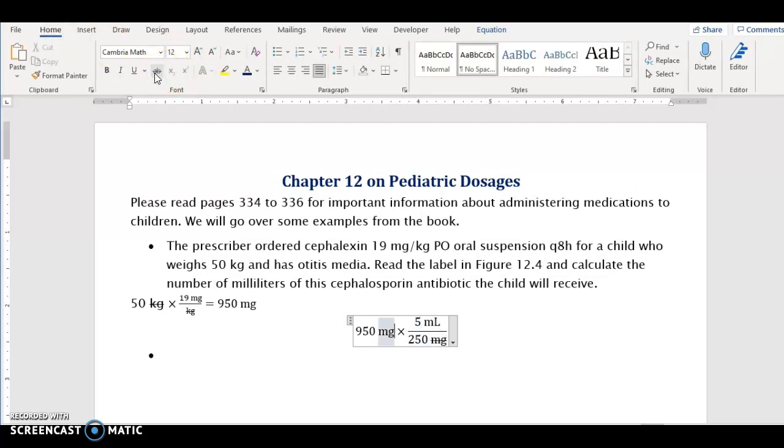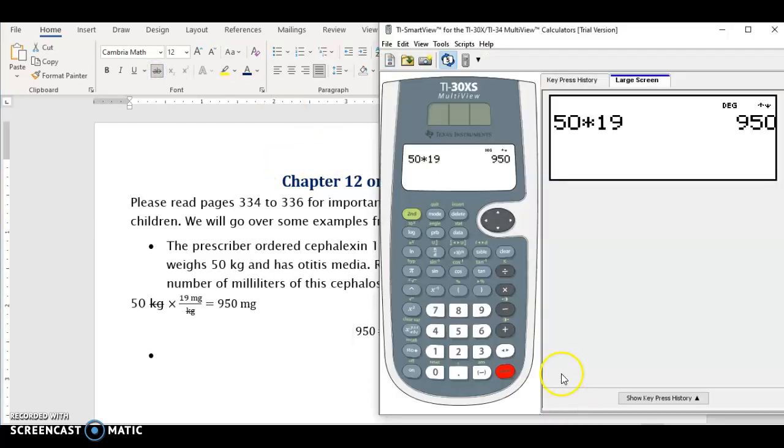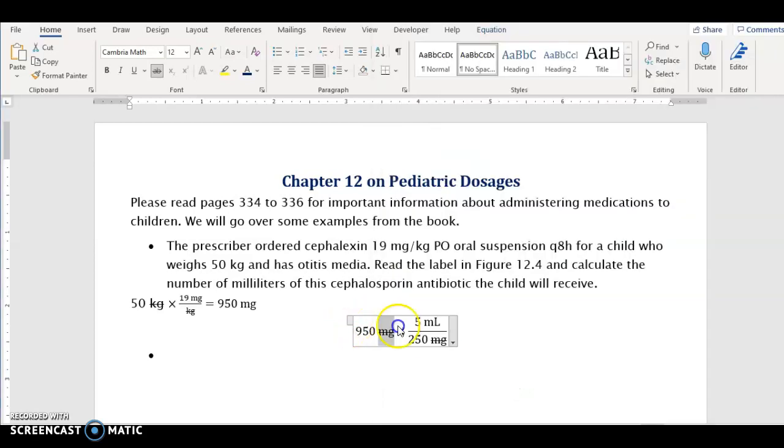Okay, so we're going to take 950, multiply by 5, and then divide by 250. Okay, so we get exactly 19 milliliters, right? So we would administer 19 milliliters to the patient.